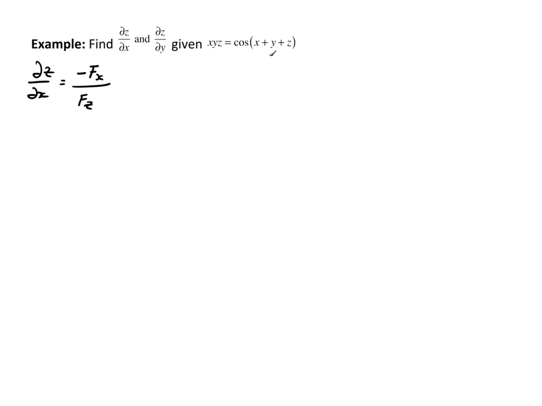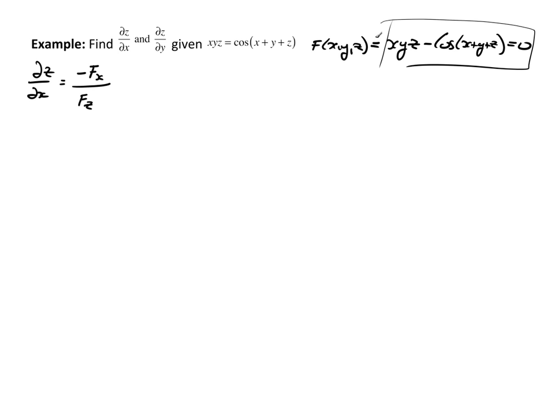So f of x, y, z will be equal to xyz minus cosine of x plus y plus z equals 0.